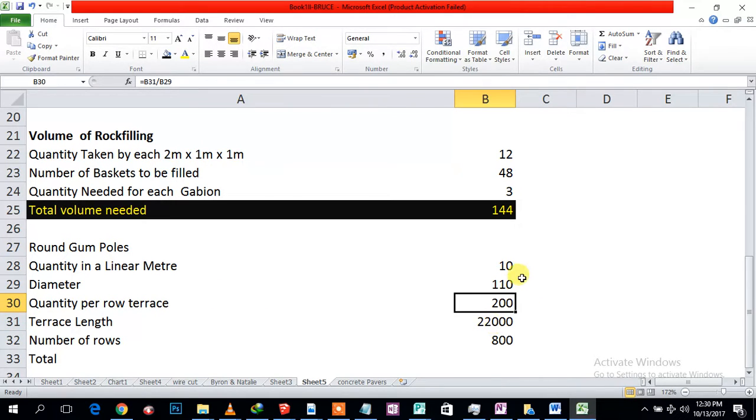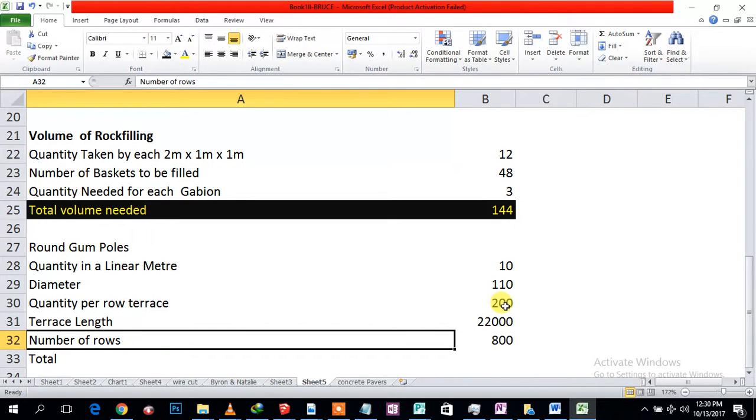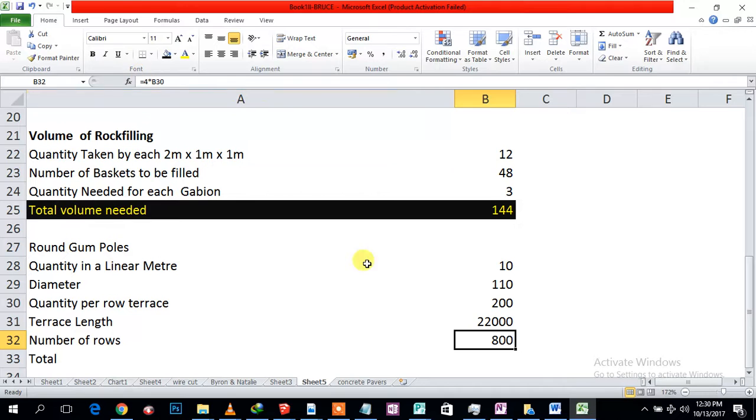I put 22,000 divided by 110, which comes out to 200 poles needed per terrace. Now if we're going to do 4 rows, it's 200 by 4 rows, so we have 800 as the total for all the gum poles that you're going to need.